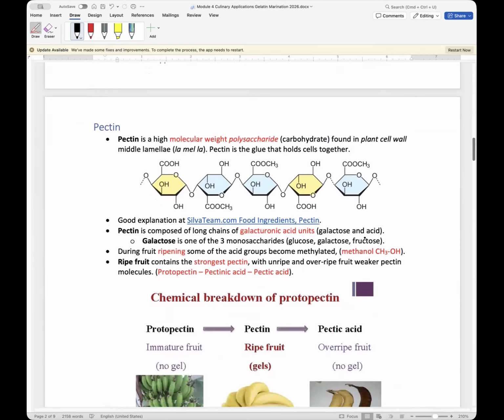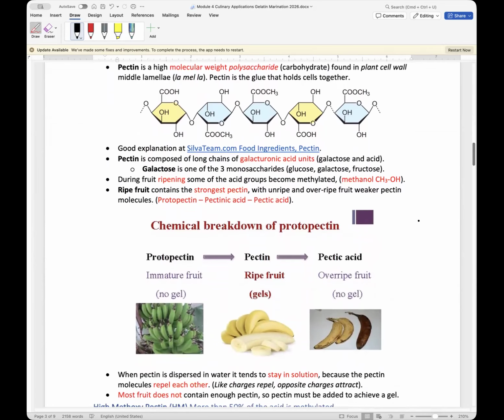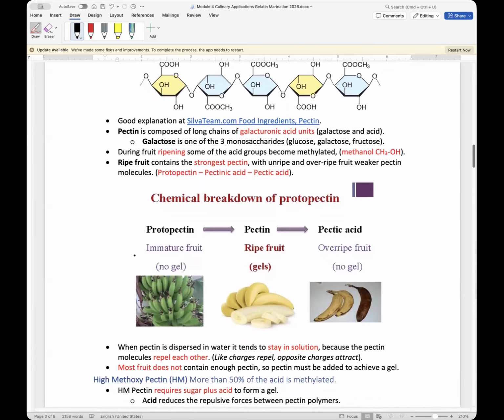Okay. So we use pectin to help trap the water and make it solid. Pectin is the glue that holds the cells together. Most fruit has pectin in it, but probably not enough for a stable gel. If your fruit is immature, not ripe enough, you won't get a gel because the pectin is what's called protopectin.